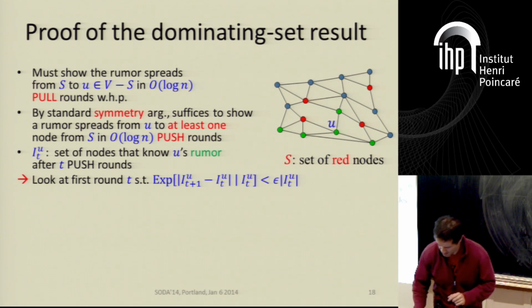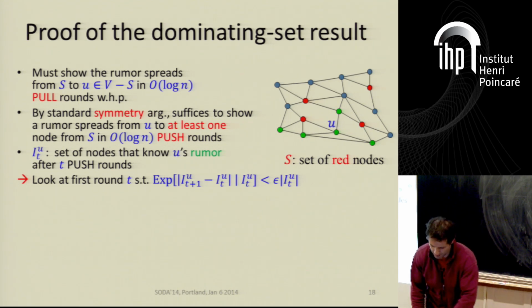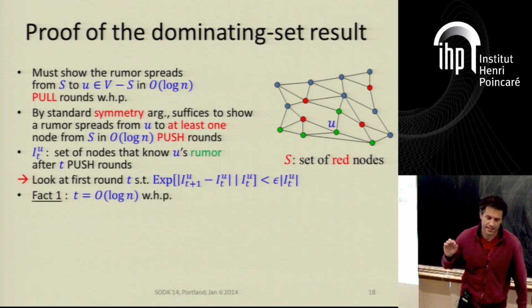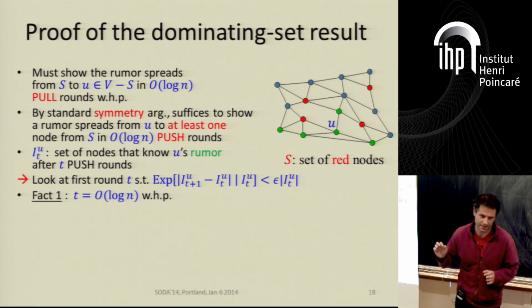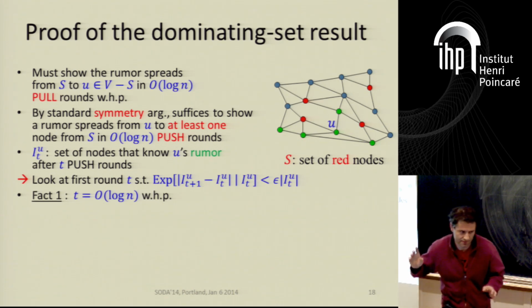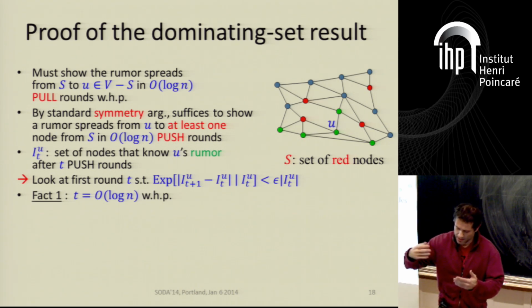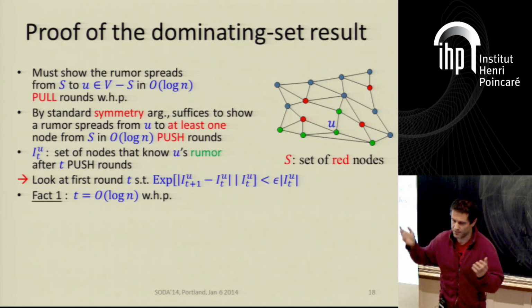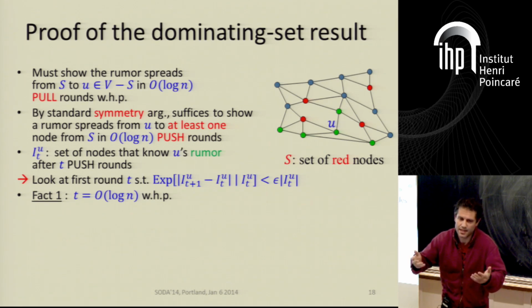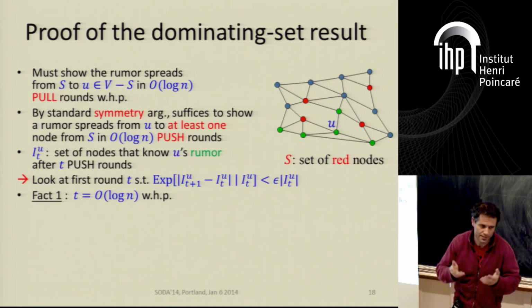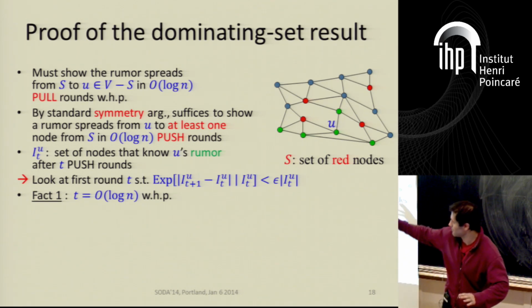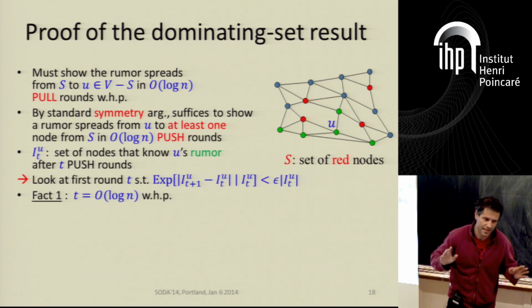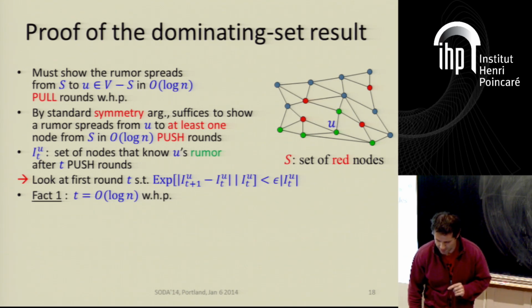We prove two facts about this time t. The first is that t is at most logarithmic in n. It's not difficult to convince yourself that this is true, because if we increase the green nodes by a constant factor in each round, then it takes only logarithmic rounds before we reach the whole graph. This is slightly different because we talk about expectation, but the essence is the same.